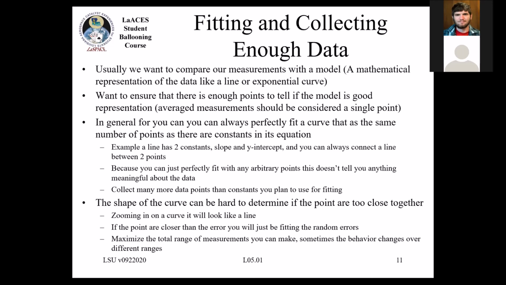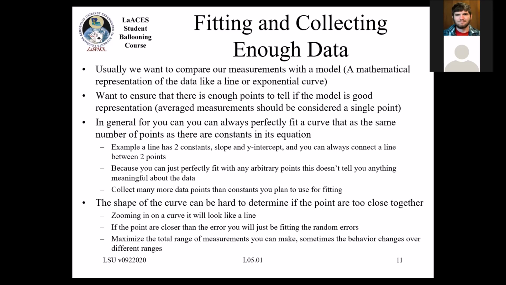One thing that's important to know is that if I have an equation that has constants in it, depending on how many constants and how many points, I can always make a perfect fit. If I have two constants, like a line, which has a slope and a y-intercept, I can always find a line that will connect 2 points.